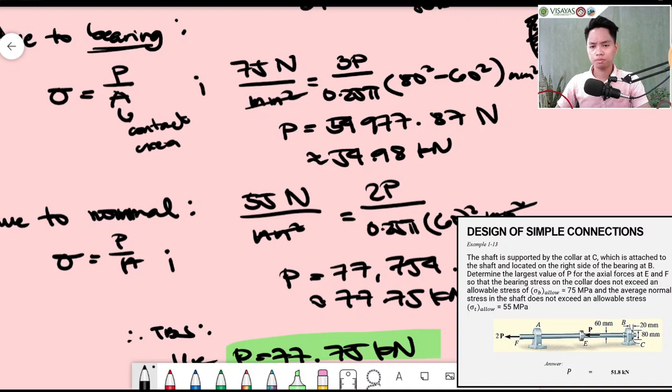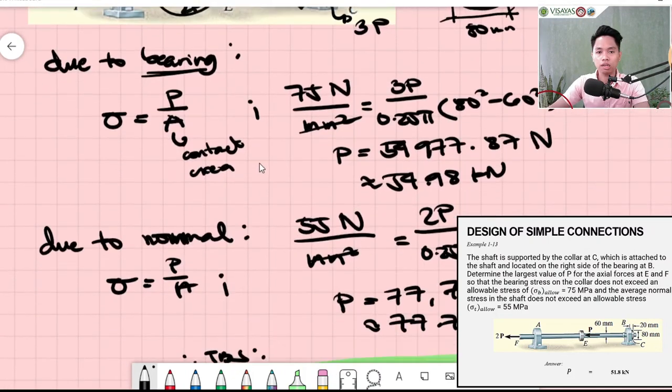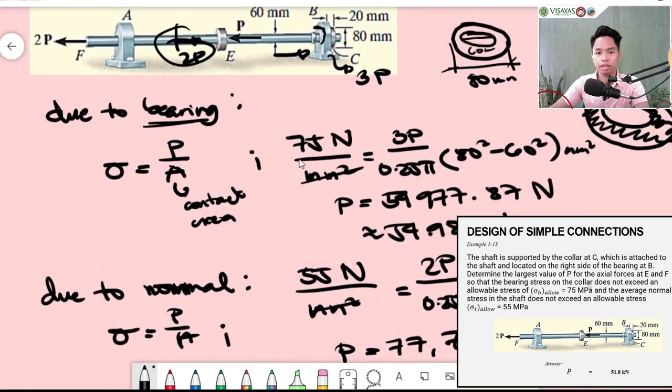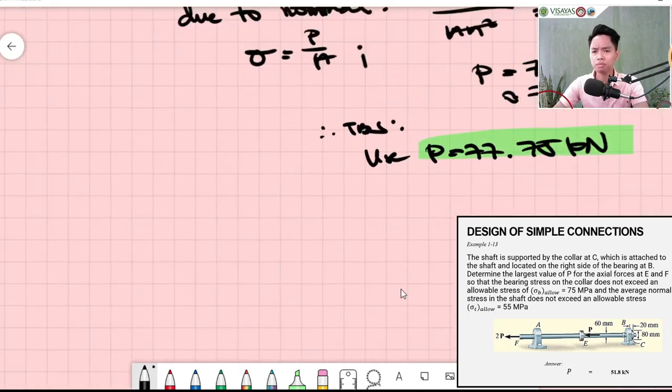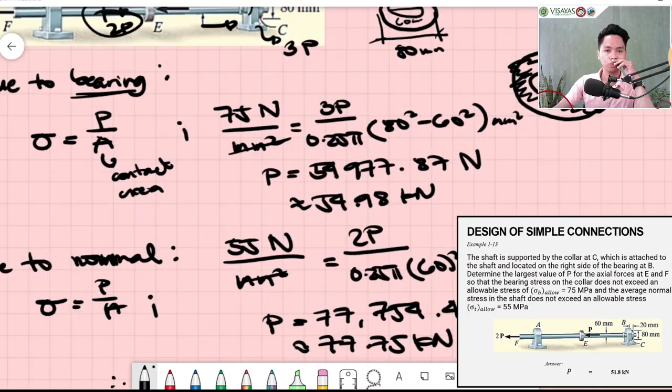Now, what is wrong with this? Let me just analyze. What's wrong with this? Okay, if you're going to compare this, the bearing seems right, there is nothing else. For the normal, 2P, why 2P?